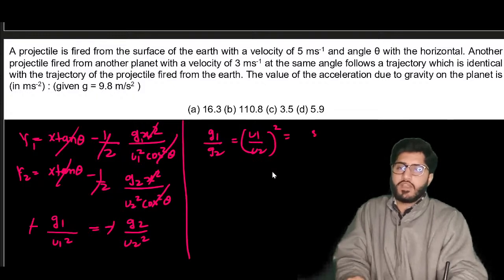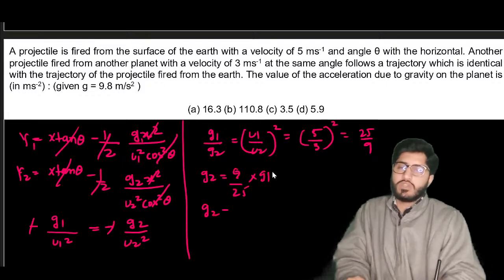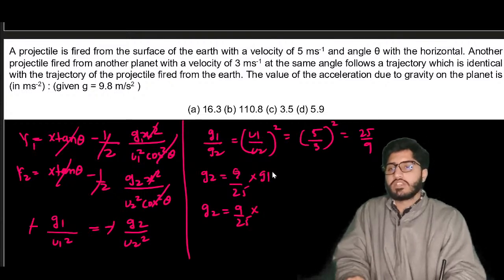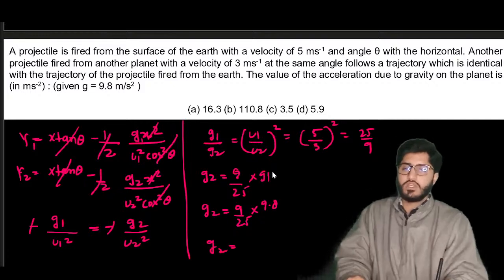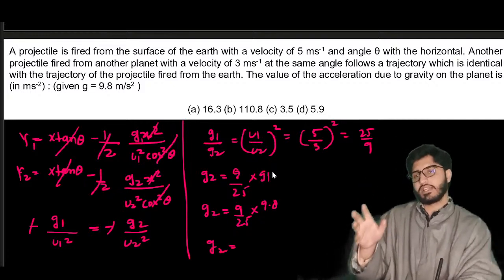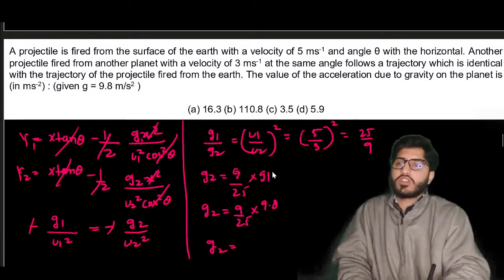u1 is 5 and u2 is 3, so squared that will be 25 by 9. But I need g2, so g2 came out to be 9 by 25 into g1. g1 is about 9.8, so g2 is 9 into 9.8 by 25. If I take it as 10, I will take the approximation, no issue.